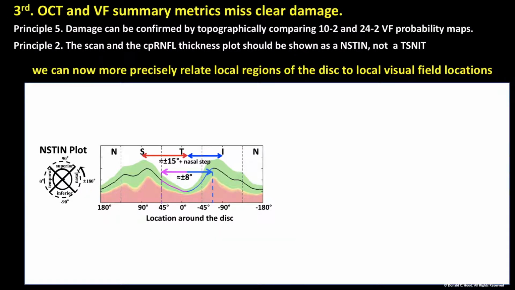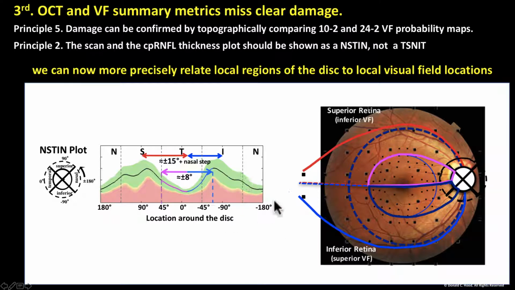All right. We're now capable, as we've argued in an earlier lecture, of more precisely locating regions of the disc that relate to different regions of the visual field. So this is the schematic that you may want to review, so that as long as this is in an N-STIN, this is fixation, corresponds on average to fixation. That would be right about there. And then here is the region associated with the macula.